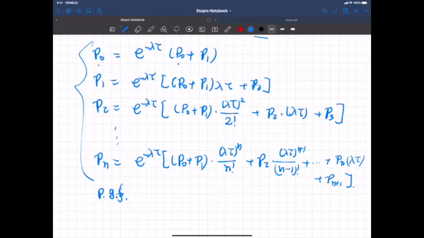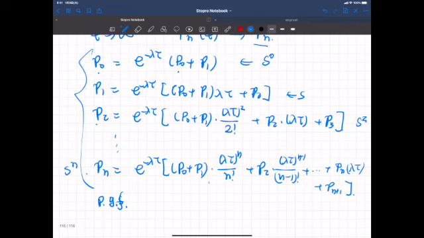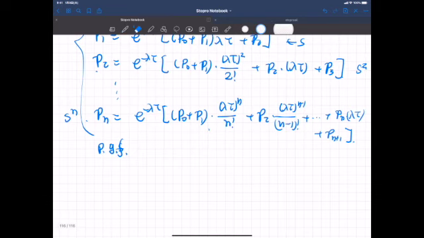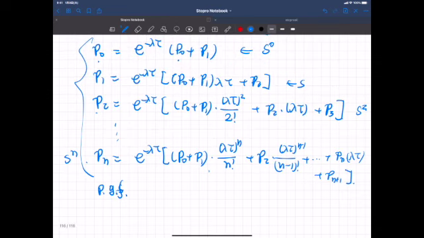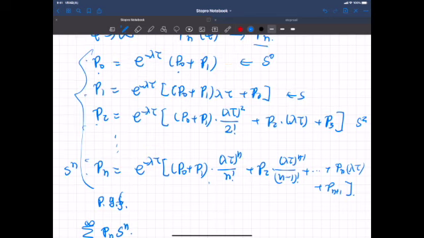We multiply both sides by s to the power of 0, so that's nothing, and multiply by s, and multiply by s squared, multiply by s to the power of n on both sides, then add them up. In this case the left hand side will be the definition of the probability generating function, the sum over n from 0 to infinity of Pn s to the power of n.